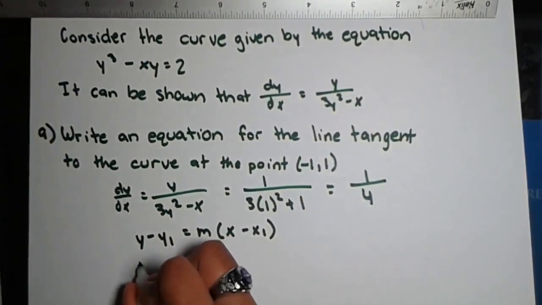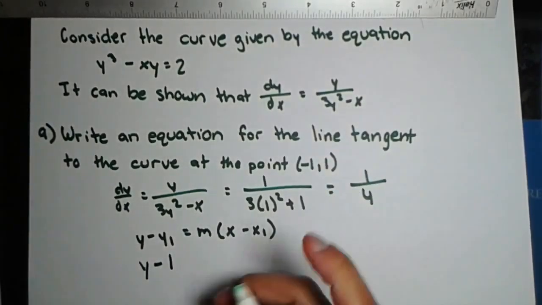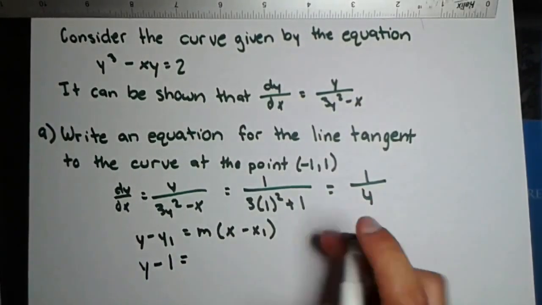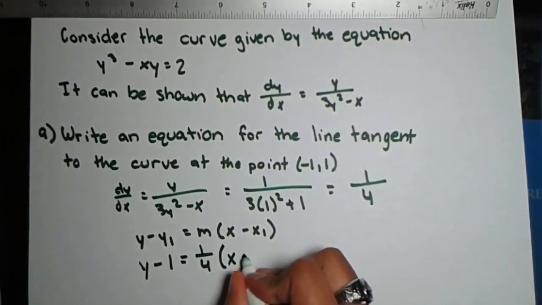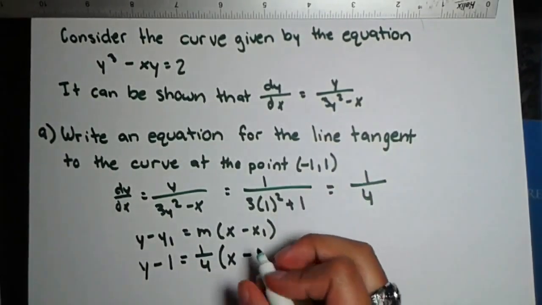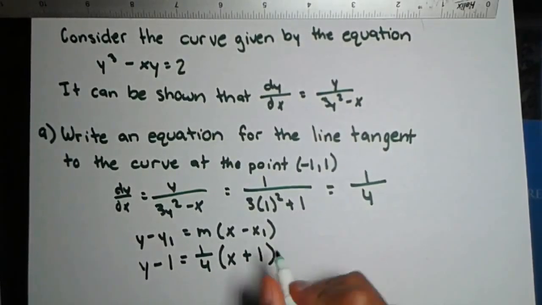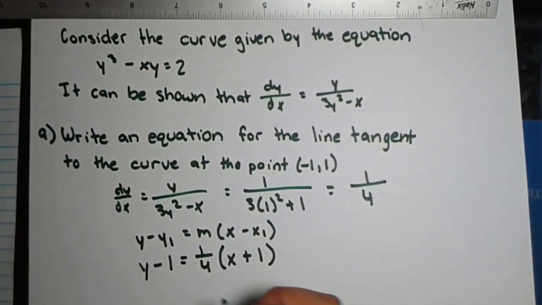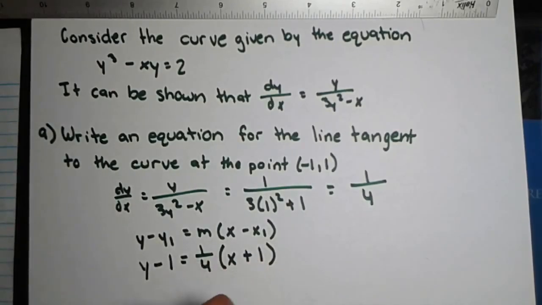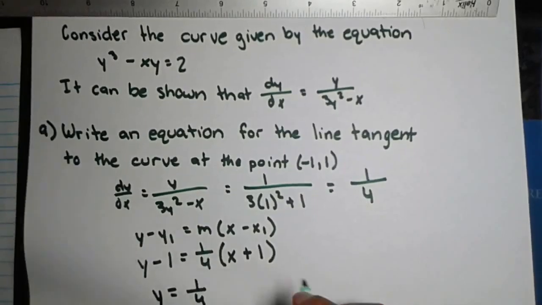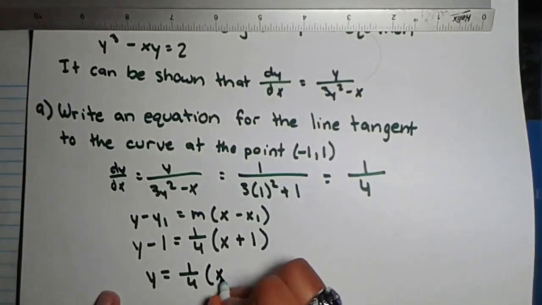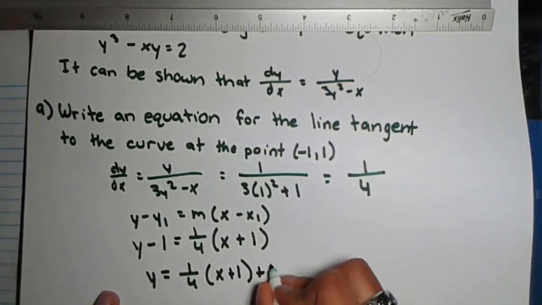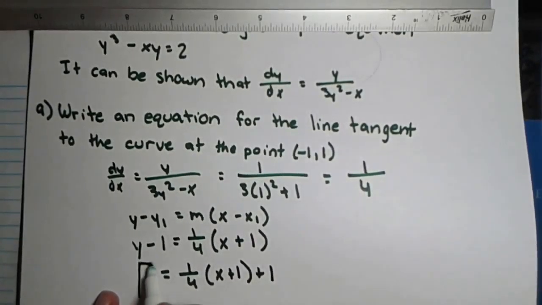So y minus 1, because we have a 1 there, equals, our slope is 1/4, 1/4 times x minus x1, which is -1, so plus 1. And then you could just add your 1 to the other side so that y is by itself. And that is your equation.